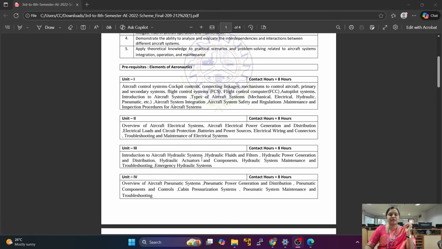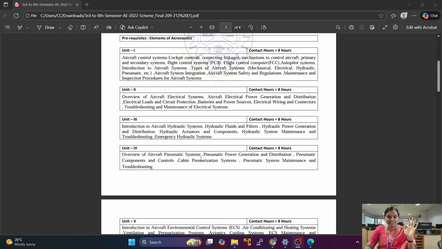And the third unit, as I told you, covers hydraulic systems and pneumatic systems, where we use different fluids or air under pressure in order to have some of the movements in the aircraft surfaces.